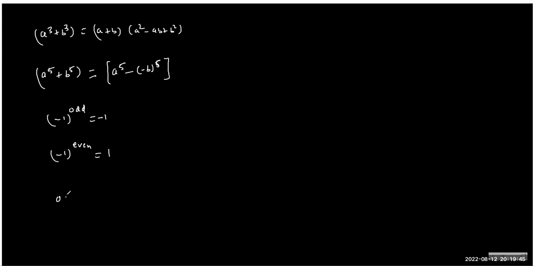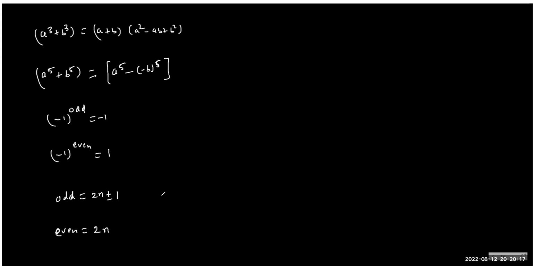And how to write odd numbers? Anyone? Okay, how to write an even number? 2 into any number is even, isn't it? Every even number we can write as 2 into n. Yes or no? 2, 4, 6. So how to write an odd number? 2n plus 1 or 2n minus 1. If you add or subtract one from an even number, you get an odd number.